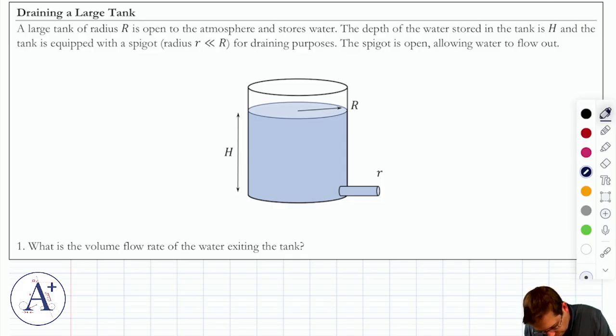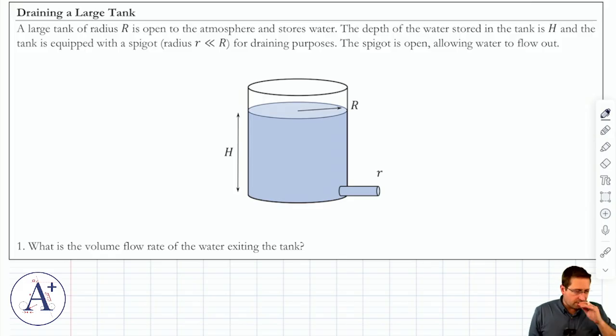If you open the spigot, water will flow out. Eventually a fluid particle here at point 1 is going to follow a path maybe like this, something like that, and it's going to flow out with a speed v2.